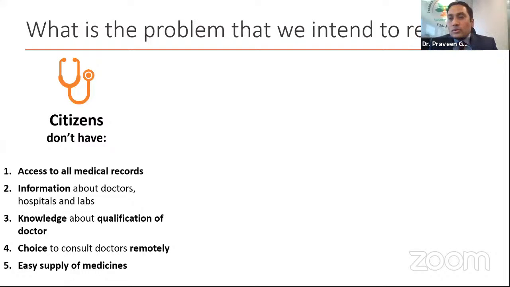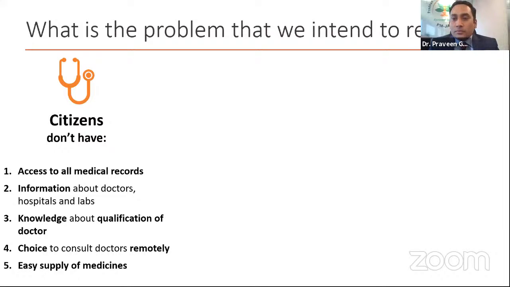There is a lot of issue about qualification of doctors, and particularly I remember my period in Usmanabad when we just took a survey and we found we could arrest 54 fake doctors in one day. So that's the scale on which fake doctors are operating.